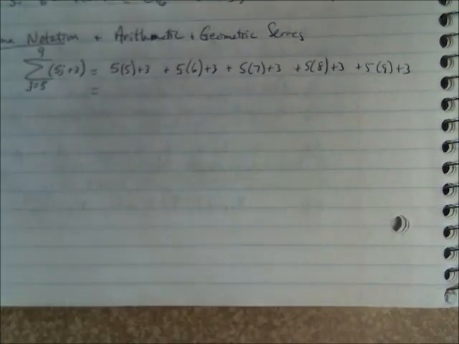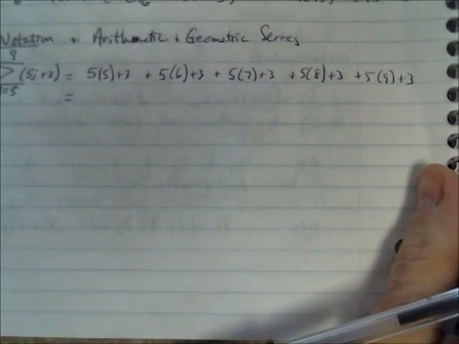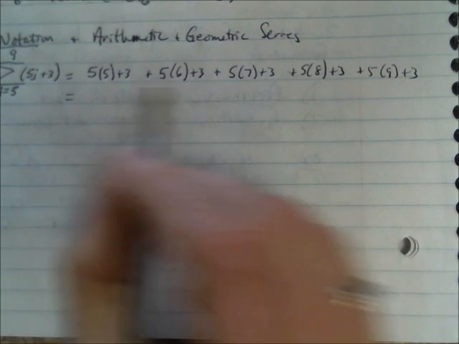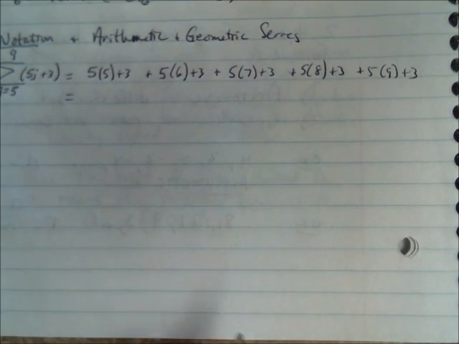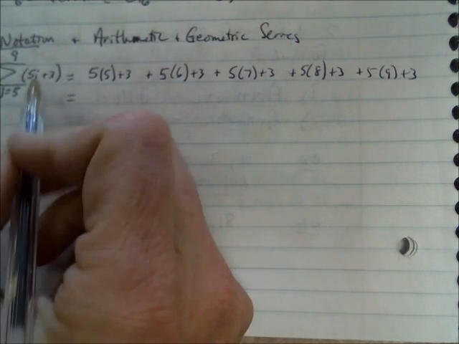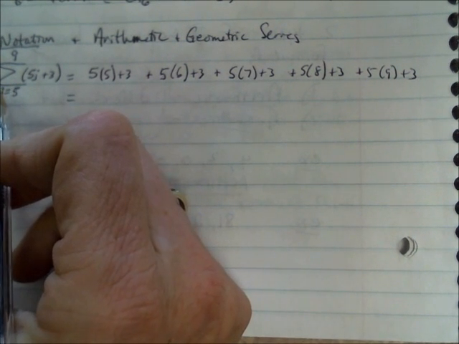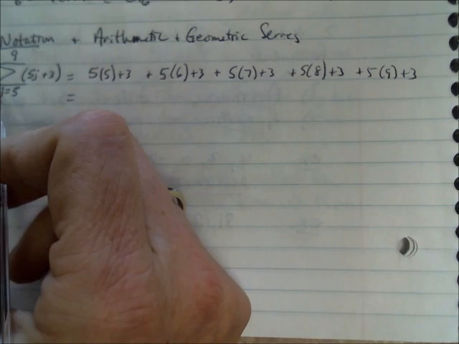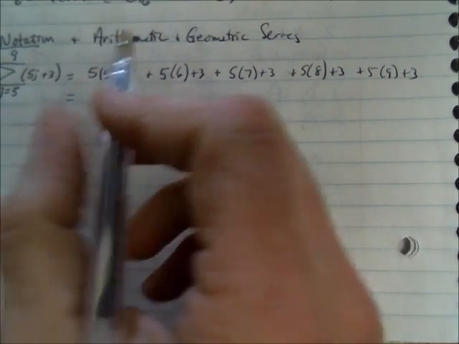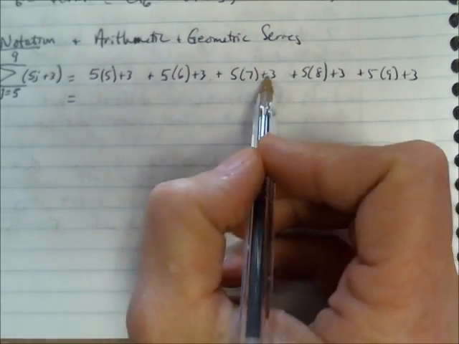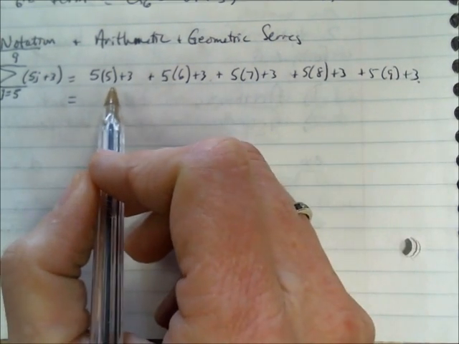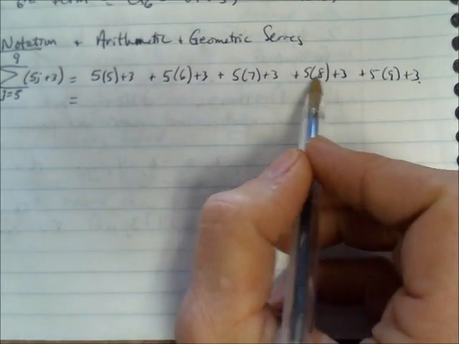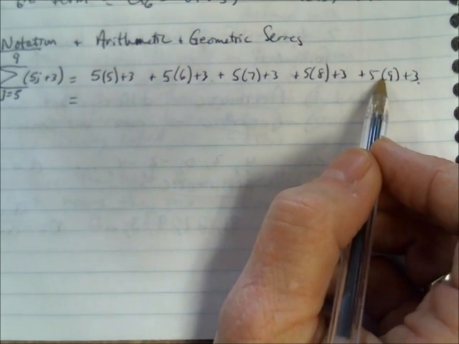With some sigma problems, I won't let you use a graphing calculator on them, because you probably remember from last year there's just a button that you press in order to do a sigma sum. In this example, if you want to add all of these together, you can do 3, 6, 9, 12, 15, and then it's 5 times 5 plus 6 plus 7 plus 8 plus 9.